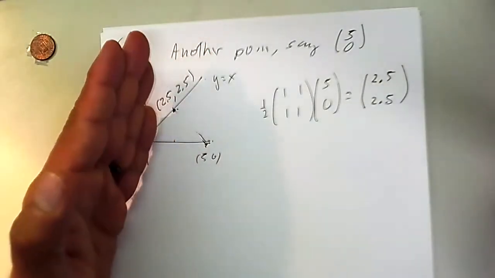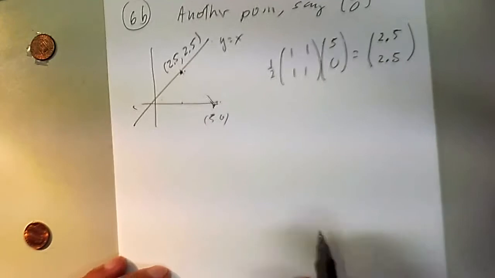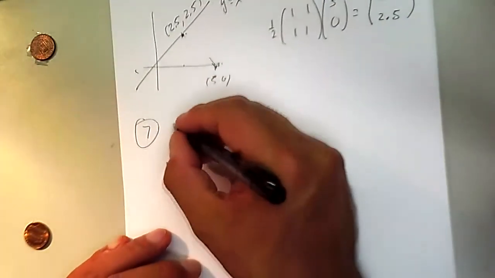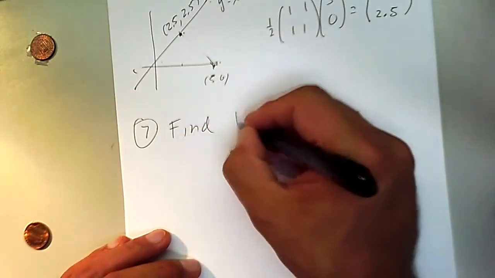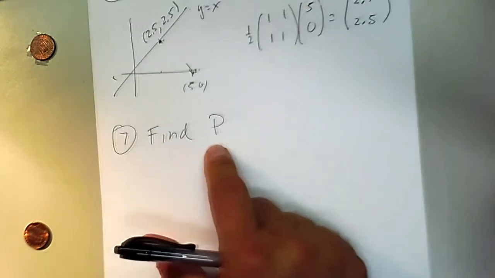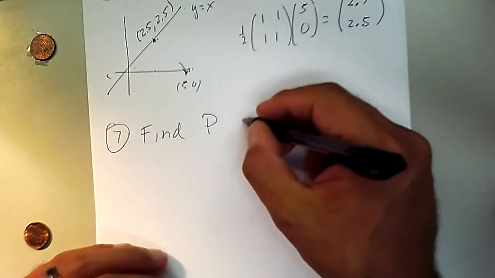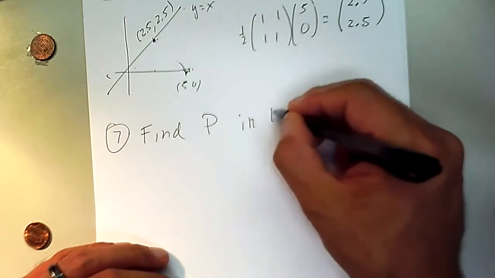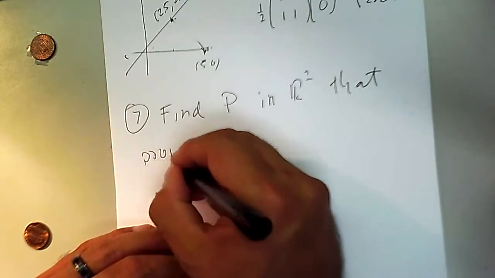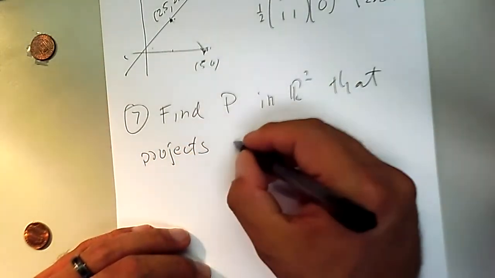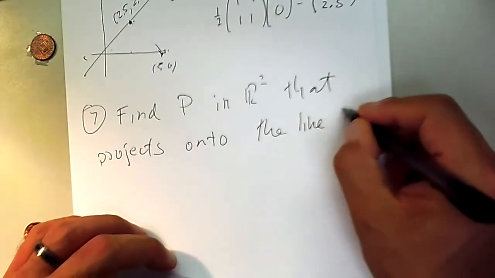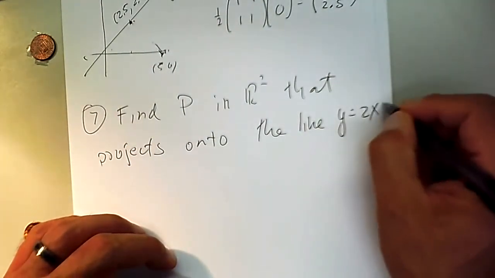Now, if we tilt the line, so example 7, new example. Find P, and by P we mean the projection matrix in R squared that projects onto the line y equals 2x.